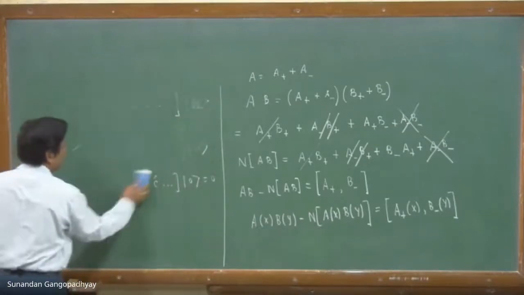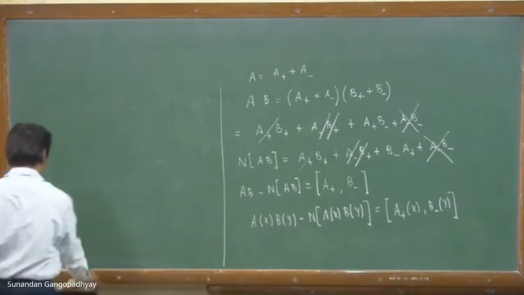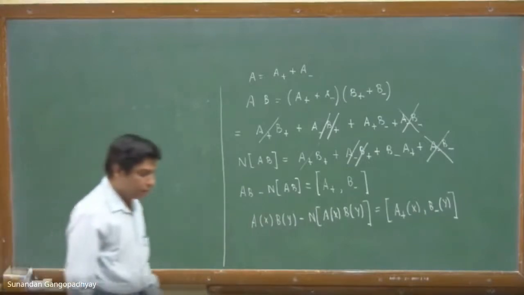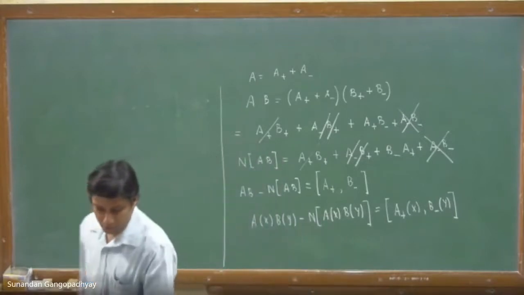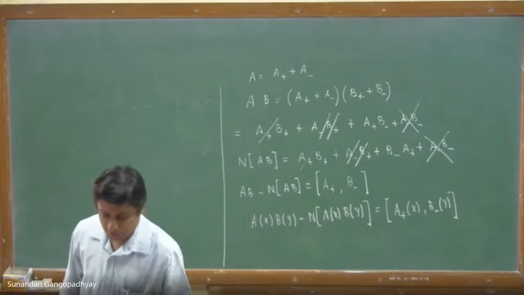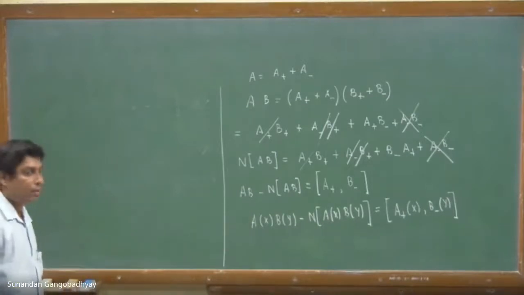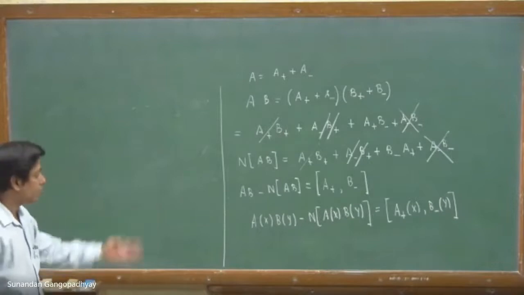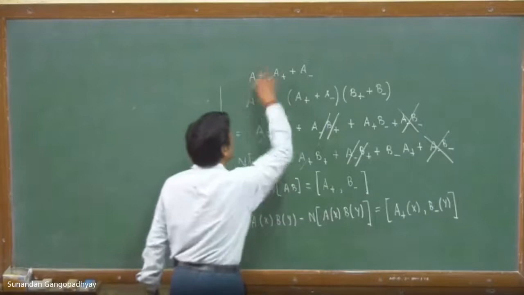For fermions, you have to take care of the signs and everything, but that is not a problem. You can just generalize and do it for fermions also. But as you mentioned, let us consider these operators to be bosonic. So let me write it down on top: these are for bosonic operators.